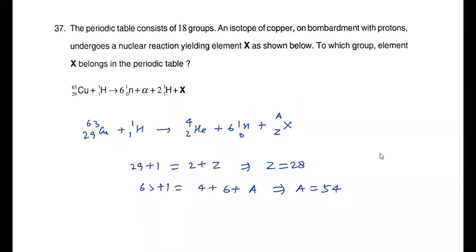Okay. 56. Copper 63 है ना बेटा. So mass number आया 54. Okay.